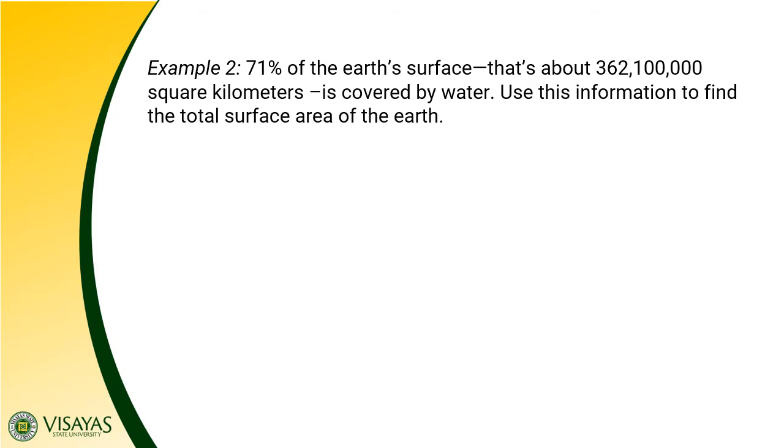And what is the unknown here? In this problem, let us determine what the unknown is. Is it X, Y, or Z? As we observe the question, what the problem is asking for is the total surface area of the Earth. The question is: 362,100,000 is 71% of what number?